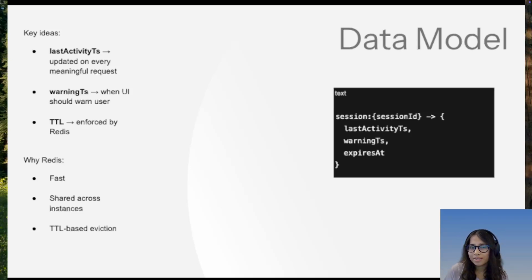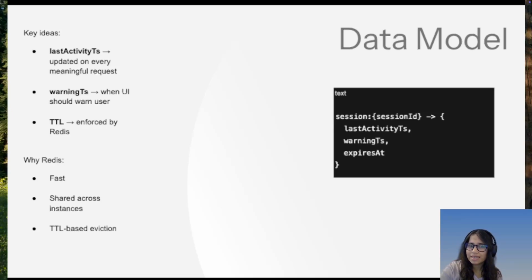The second is the warning timestamp, when the UI should warn. And the third is the TTL, enforced by Redis, not by us. Redis wasn't chosen because it's trendy. It was chosen because TTL is native, fast, and shared across instances. Once Redis expires the key, the session is gone. No ambiguity, no cleanup jobs.